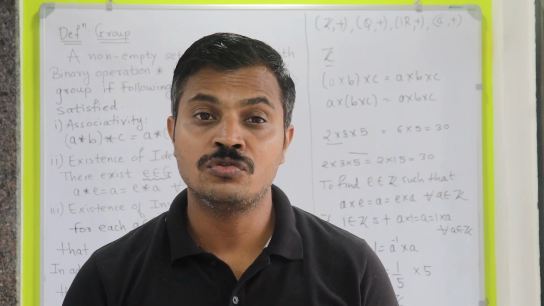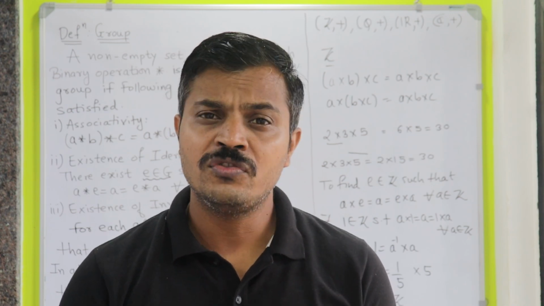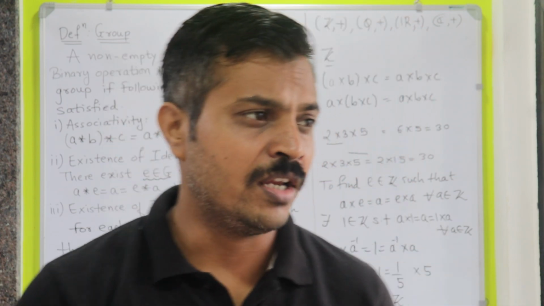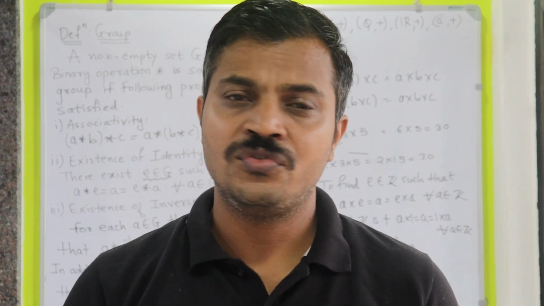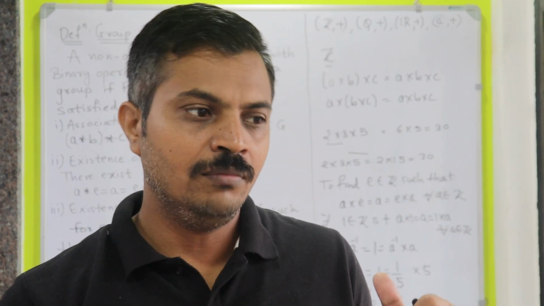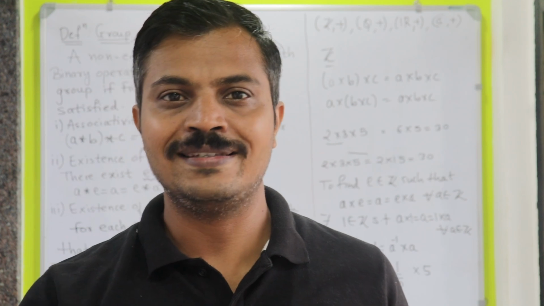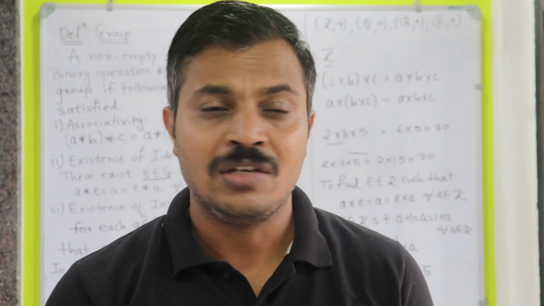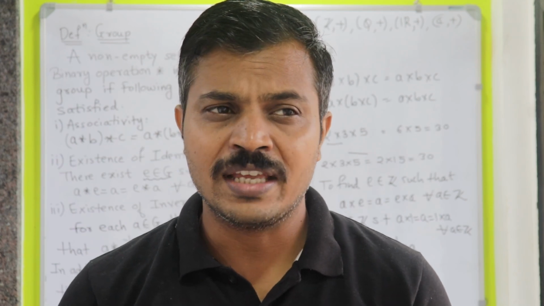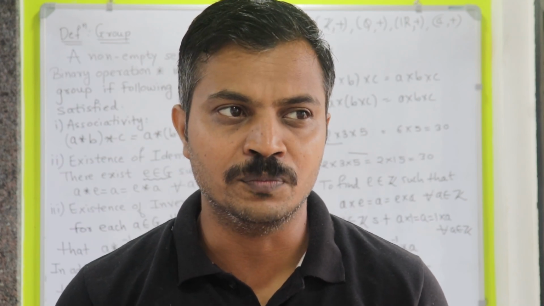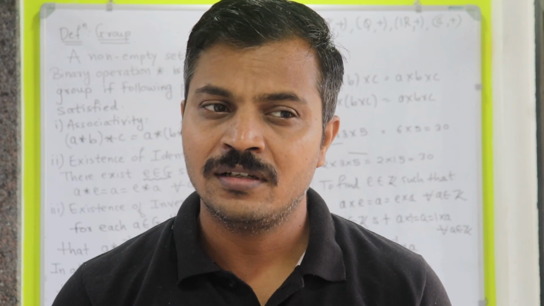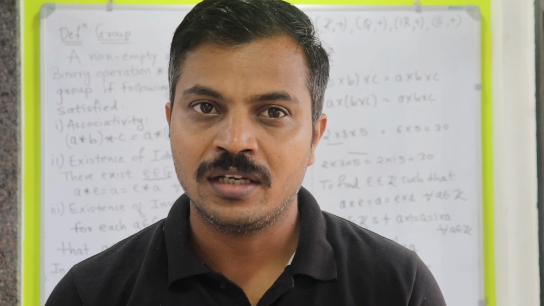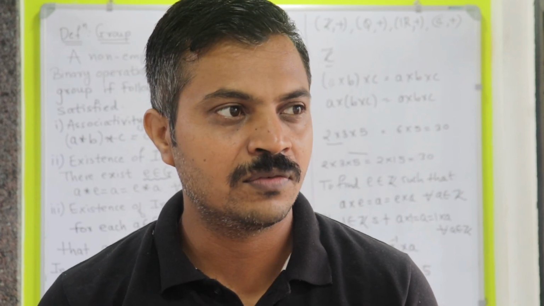For example, if I take 2 upon 3, 2 upon 3 multiplied by what is equal to 1? That is what we are checking, right? Your answer will be 3 upon 2, because 2 upon 3 multiplied by 3 upon 2 is equal to 1. So it seems that the inverse of 2 upon 3 also exists in the set of rational numbers. So the question is, will the inverse of each element in the set of rationals exist?